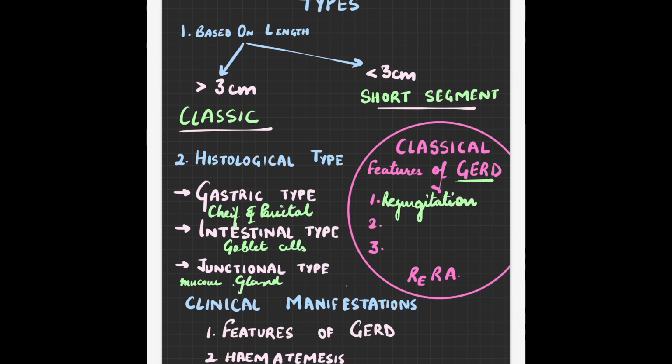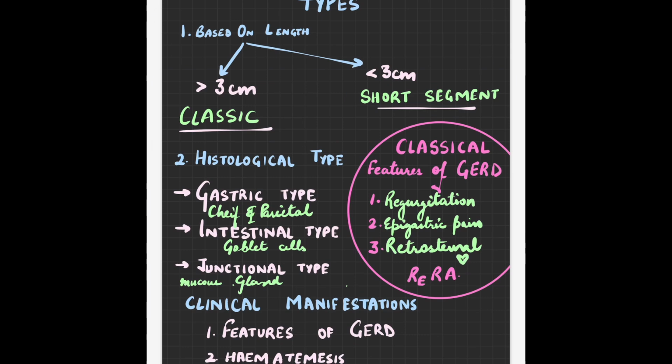Then comes epigastric pain, in the region of the epigastrium. Also retrosternal heartburn. Retrosternal, that is behind the sternum bone, we have the burning sensation.